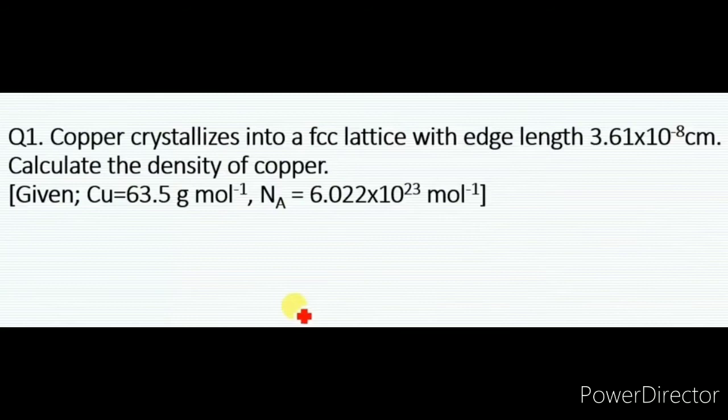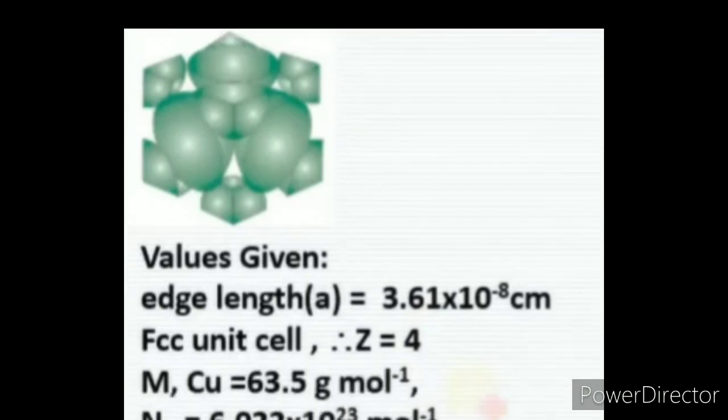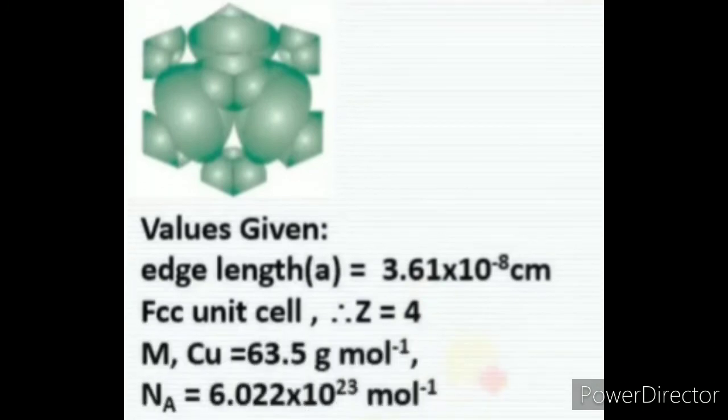First, you should write the given data as edge length is equal to 3.61 into 10 raised to minus 8 centimeter. And for FCC lattice, Z is equal to 4, molar mass of copper 63.5 gram per mole and Avogadro number 6.022 into 10 raised to 23 particles per mole.